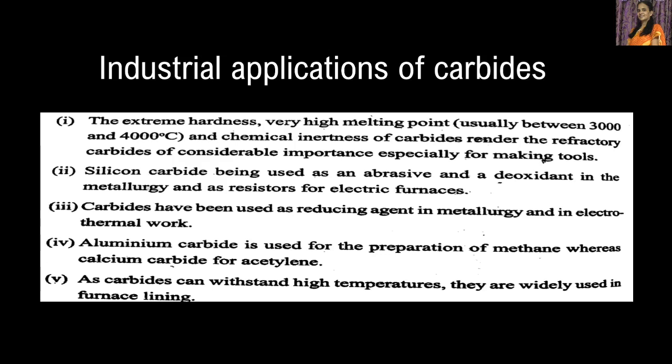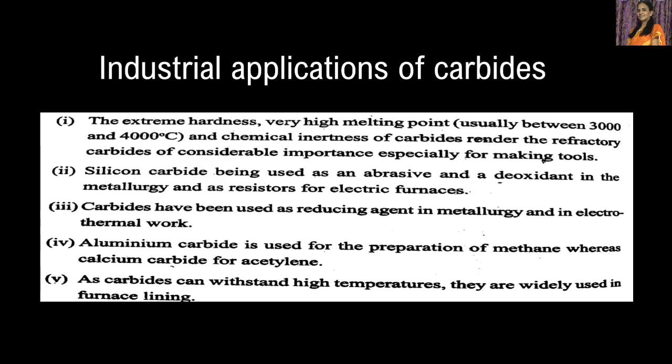Silicon carbide is used as an abrasive and deoxidant in metallurgy and as resistors for electric furnaces. Carbides are used as reducing agents in metallurgy and in electrothermal work.